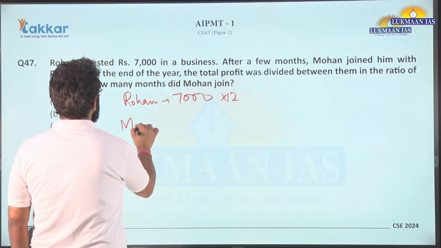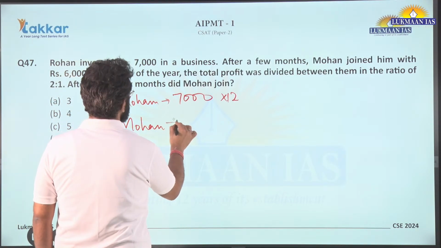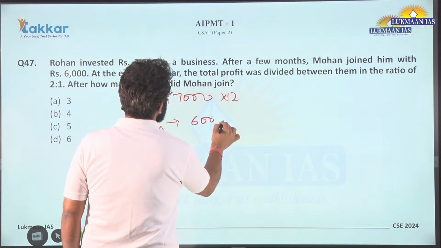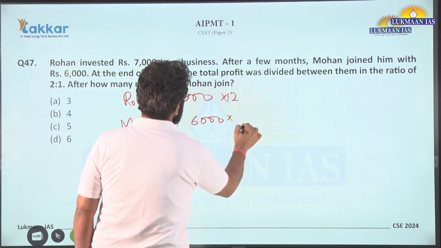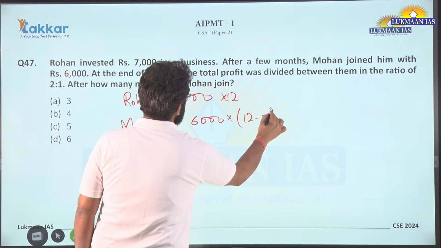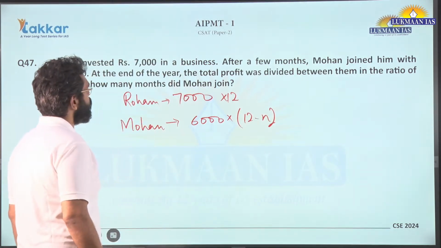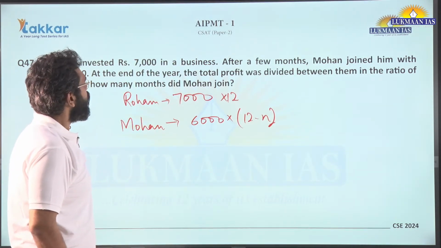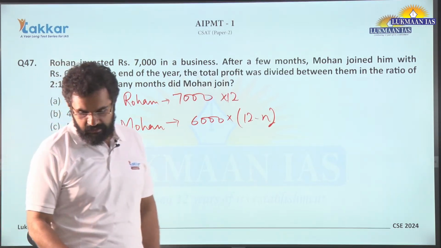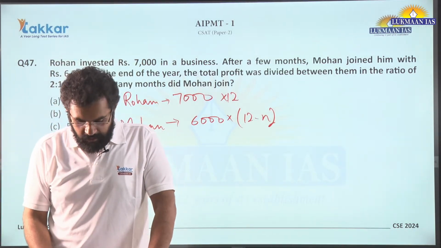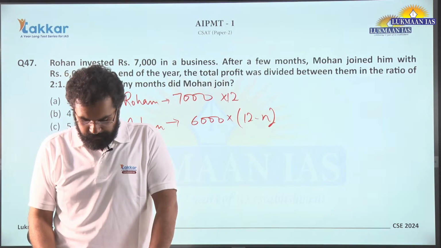Mohan came with rupees 6,000 after a few months, so whatever it might be, it would be less than 12 months. We need to find the ratio of profit.